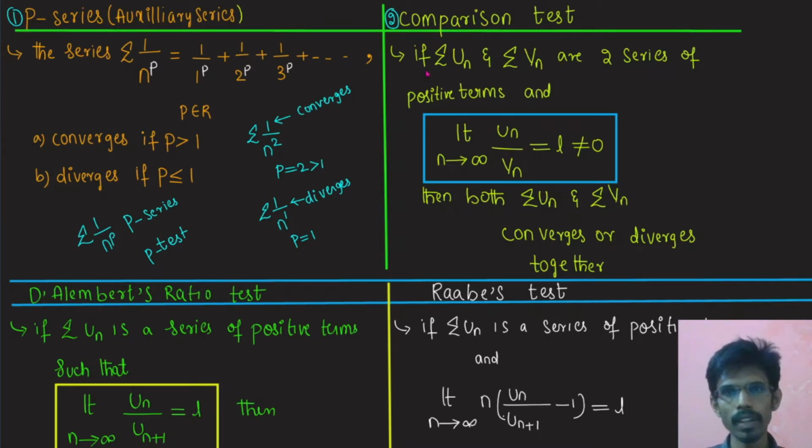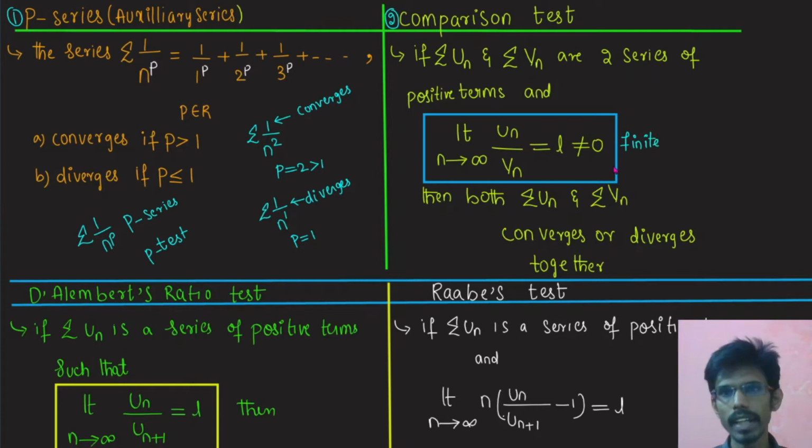If sigma un and sigma vn are two series of positive terms and the limit as n tends to infinity of un by vn is some L that is not equal to 0, we are taking the nth term of the first series and the nth term of the second series, un and vn, taking the ratio, then applying the limit as n tends to infinity.